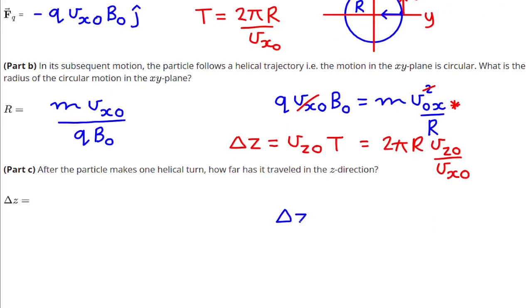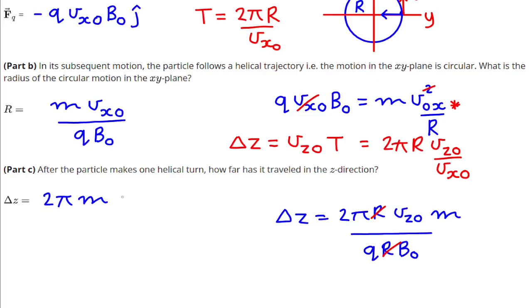So what we get is delta z is 2 pi r by Vz naught over Vx naught, which is q r B naught on m, so m goes in the numerator, and the r's cancel, so we get 2 pi m by Vz naught on q B naught.